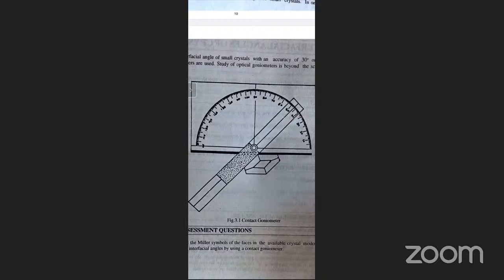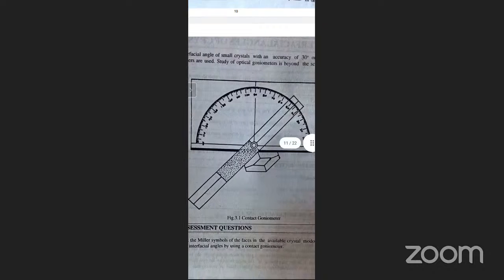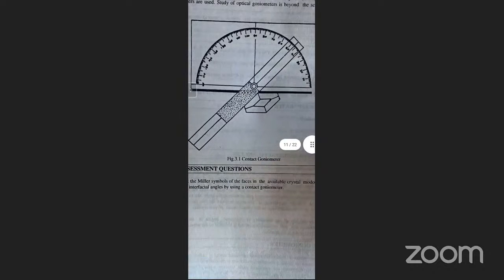The optical goniometer is used for measuring angle data accurately. The study of the optical goniometer is beyond the scope of this laboratory, and we are using the contact one manually. And next one is crystal form.